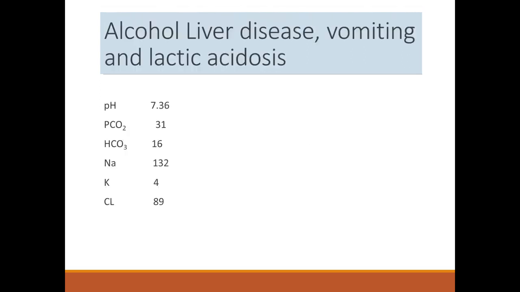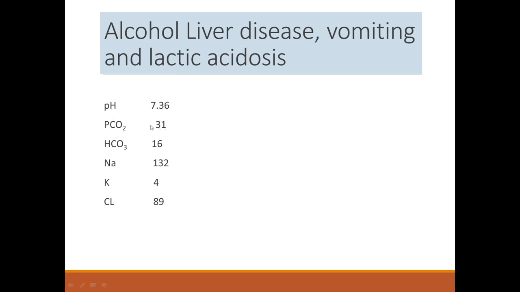Now take another example, the alcoholic liver disease having a lot of vomiting and lactic acidosis. We know lactic acidosis causes the acidic pH, and vomiting may cause the contraction alkalosis again. So these are the background, but if you see over here, the pH is a little bit acidic with the PCO2 31.